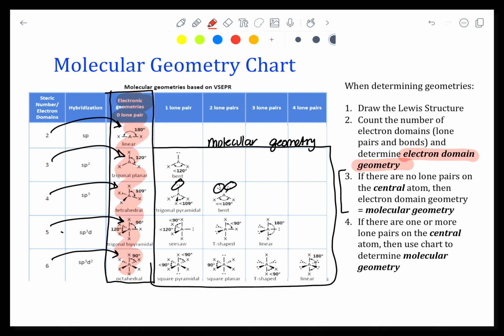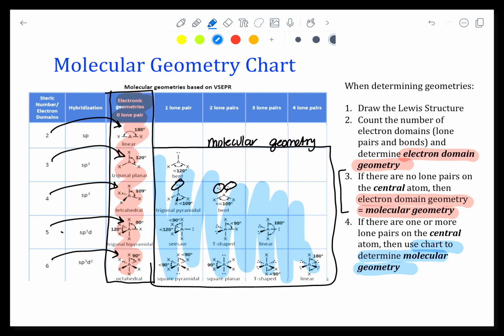That's our step 1. If there are no lone pairs on the central atom, then the electron domain geometry is going to equal our molecular geometry. They will be the same. But if there are 1 or more lone pairs on the central atom, then you have to use the chart to find the molecular geometry. So that's all here for step 4.